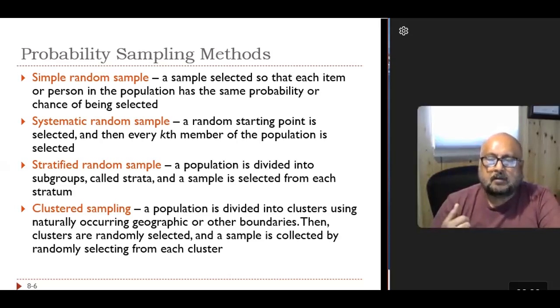Finally, the last method is cluster sampling. In this case, a population is divided into clusters, and samples are taken from those clusters randomly. We randomly select clusters, and then we take samples from them.